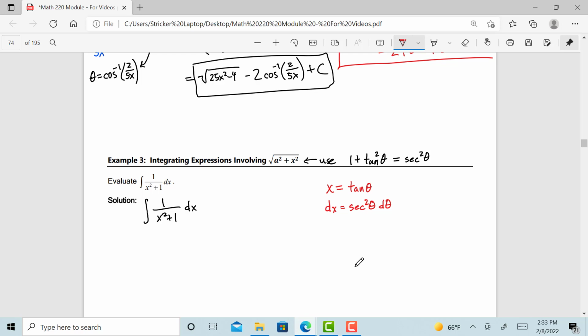And simplifying now, x squared plus 1 is going to make this tangent squared theta plus 1. And using that identity, that simplifies to secant squared theta.